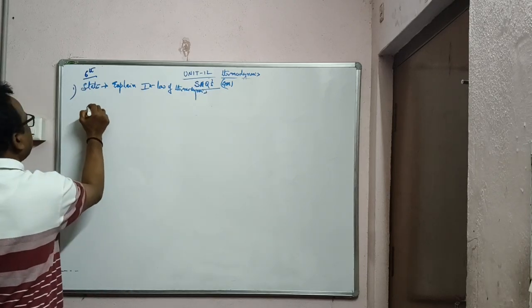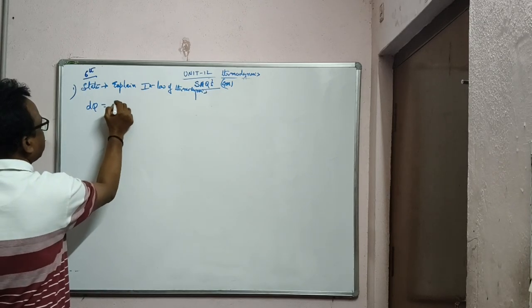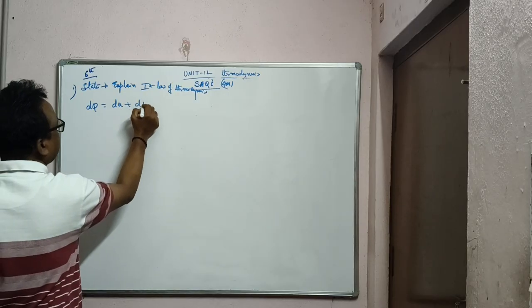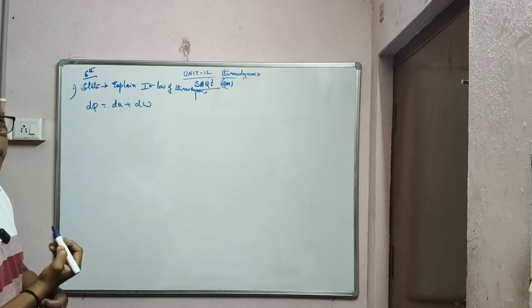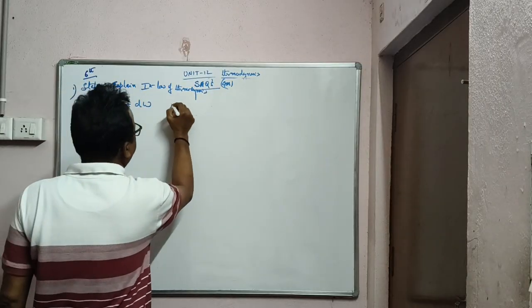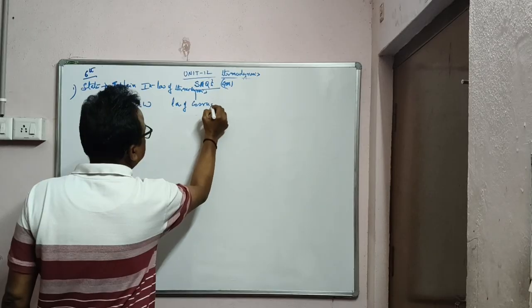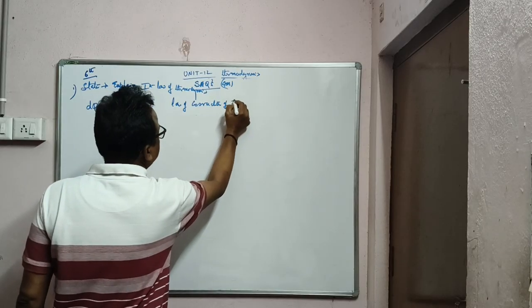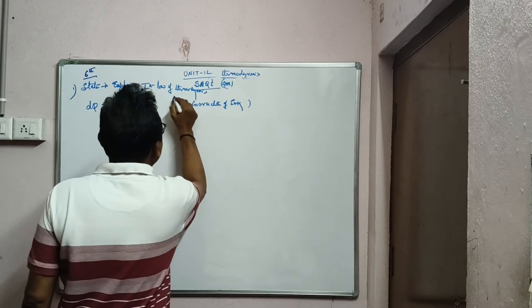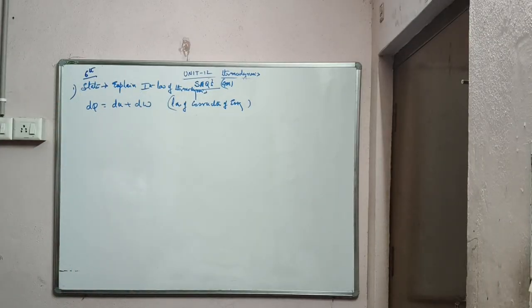So very simple: dQ is equal to dU plus dW. It is also equal to the law of conservation of energy.